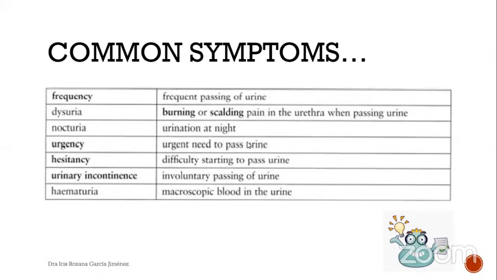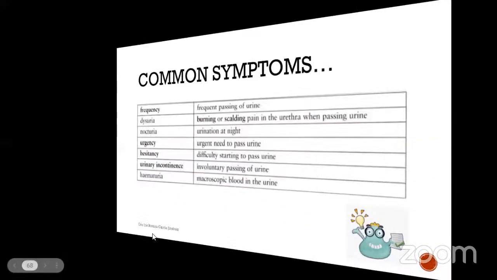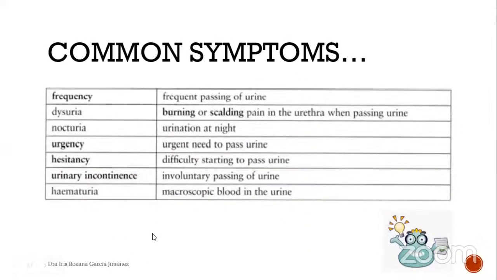For example, urgency, the urgent need to pass urine. Sometimes you feel that situation and you cannot hold it. Sometimes it's painful to wait a little bit, okay? Check these symptoms, study all of them, because it comes in homework, okay?